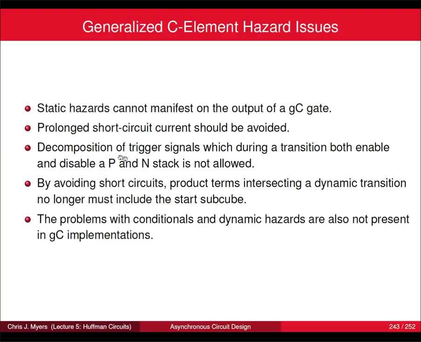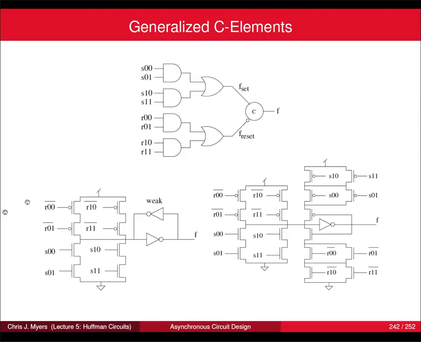To avoid that, you need to be very careful about decomposing trigger signals which, during the transition, both enable and disable a P and N stack. If you have a signal going into both top and bottom, then when that signal flips, it's turning one transistor on and one off, or vice versa. You want to be careful you don't pull that logic out so that you have unequal paths going to the two transistors.